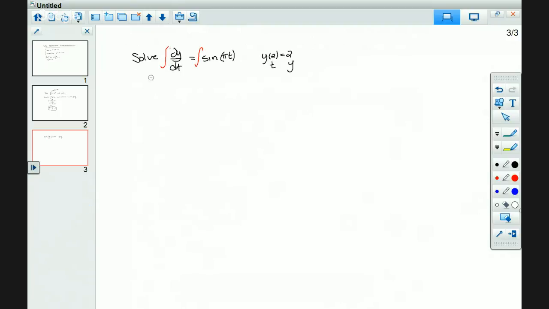The antiderivative of dy dt is y. And what's the antiderivative of sine? Negative cosine over pi.